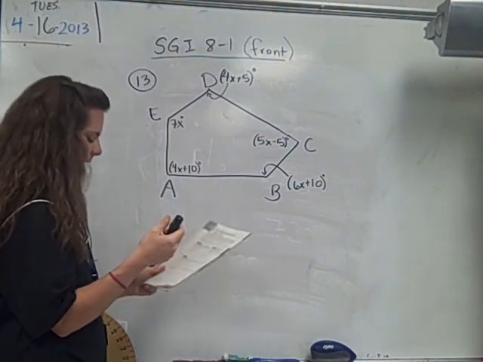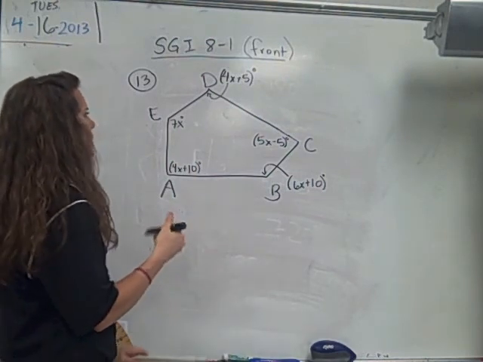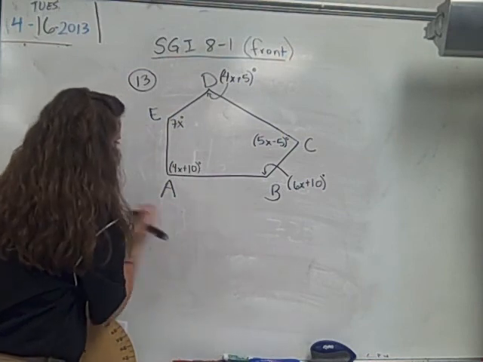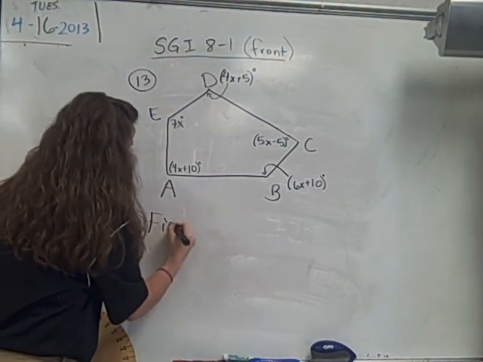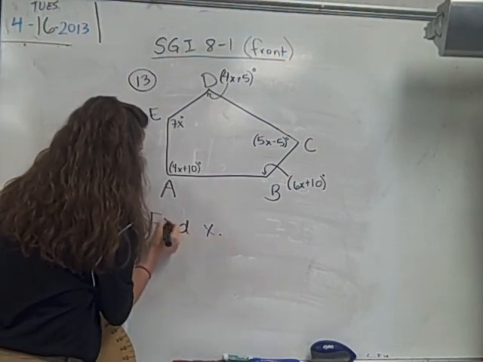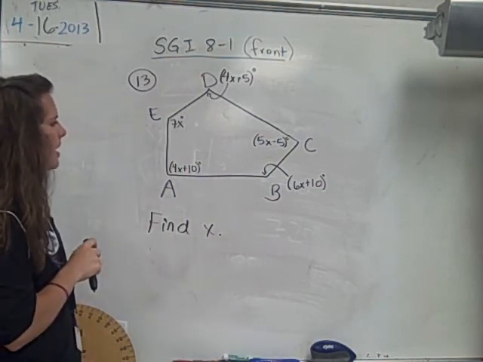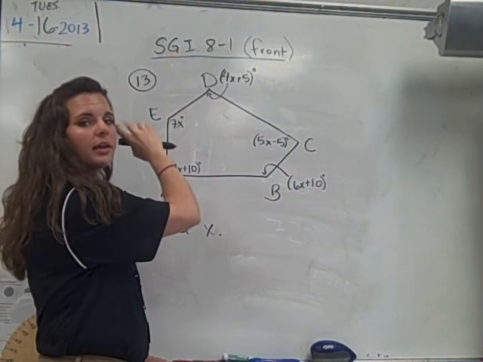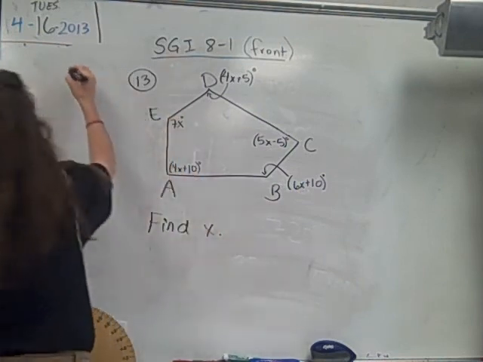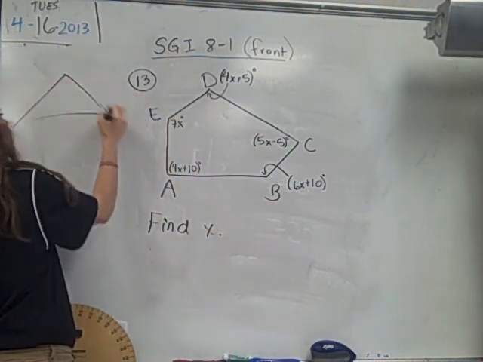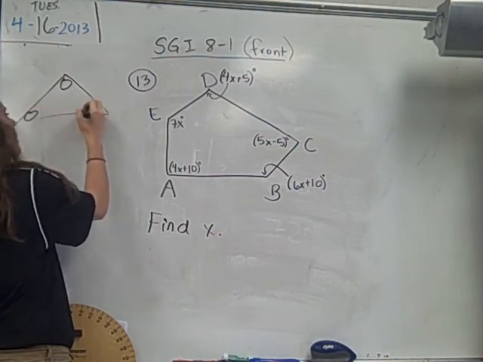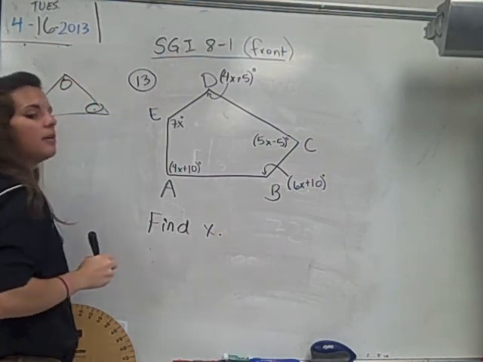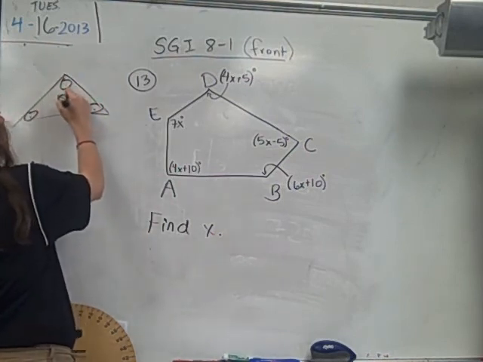Now, our task and our directions for 13 is find x. Looking at this picture, if this were a triangle and we had some stuff on each one of the angles, you guys would just be rolling. If you had something here, something here, something here, you know the total in any triangle is 180.